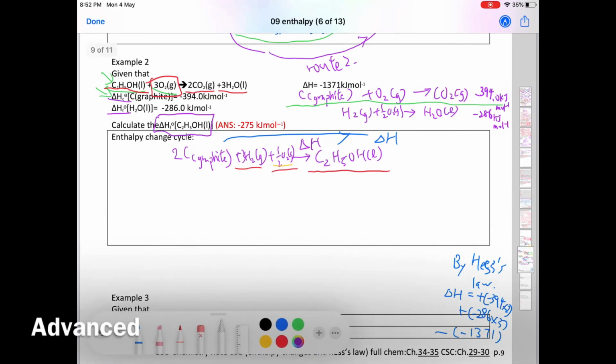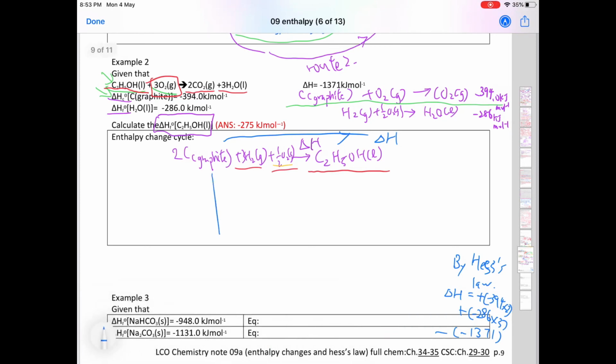But some people consider two pieces of enthalpy change information together, and the enthalpy cycle will look like this. For the first step, you can actually use the third and the second information together to form 2 CO2 gas and then 3 H2O.